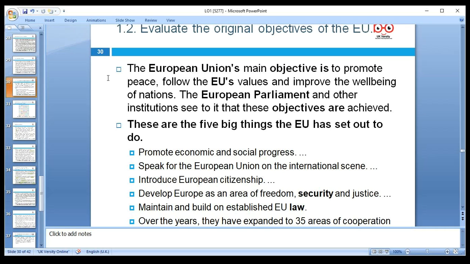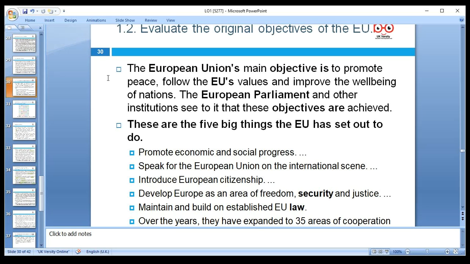Okay, so then 1.2 is to evaluate the original objective. The European Union's main objective is to promote peace, follow the EU values, and improve the well-being of nations. The European Parliament and the other institutions see to it that these objectives are achieved.